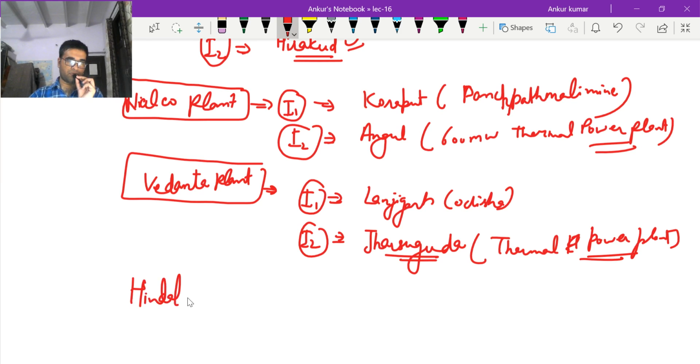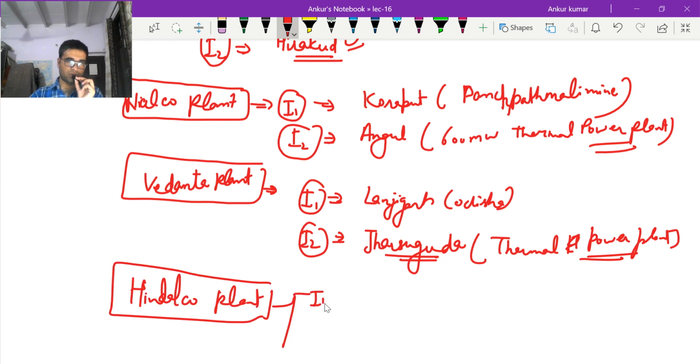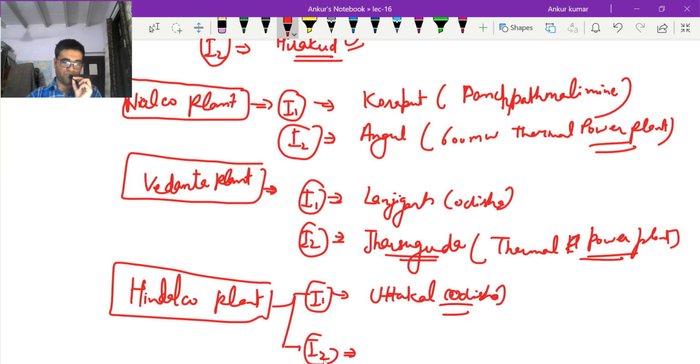Another Hindalco plant where I1, the Holz process, is done at Utkal in Odisha, and the I2, that is the electrolysis, is performed at, I think, Sambalpur.